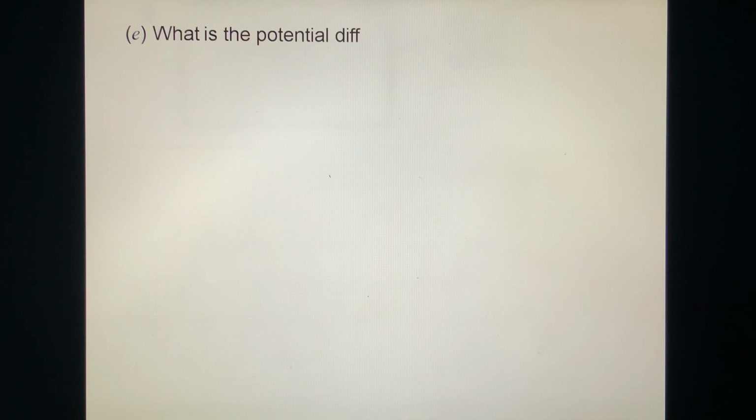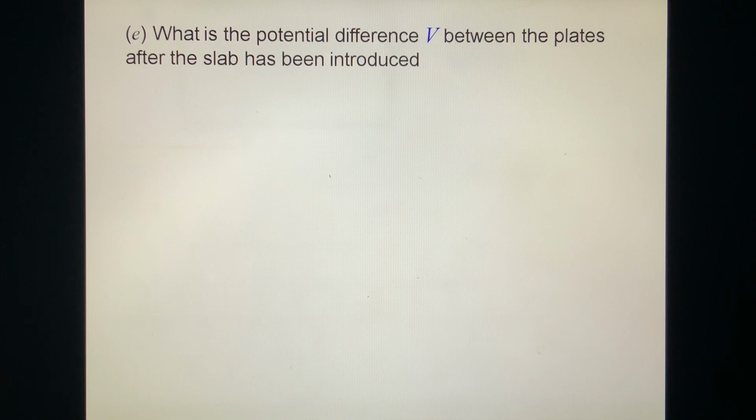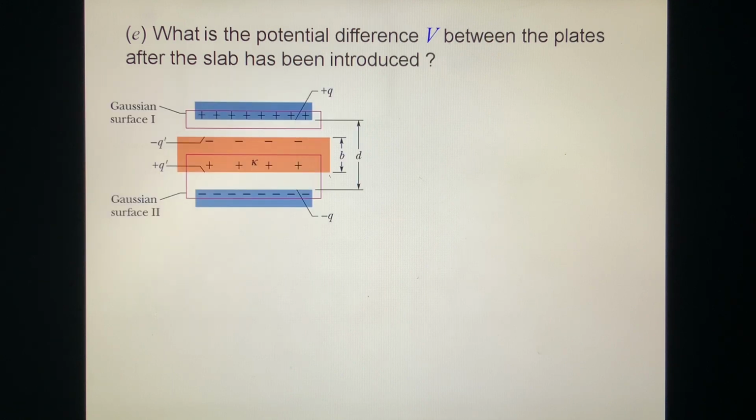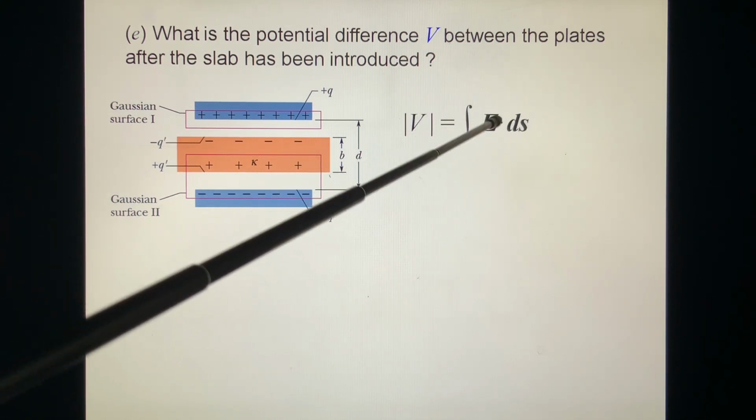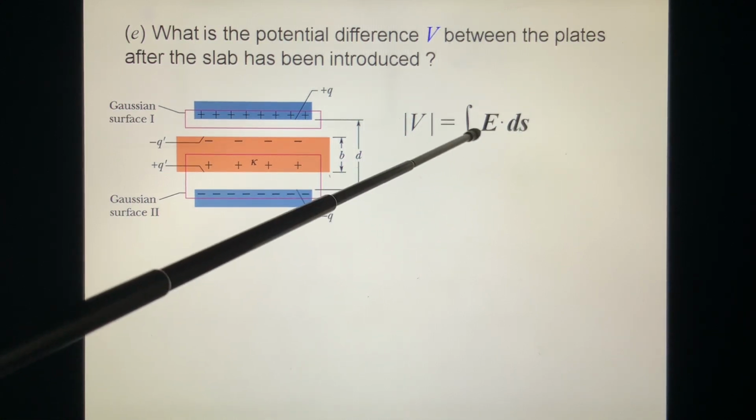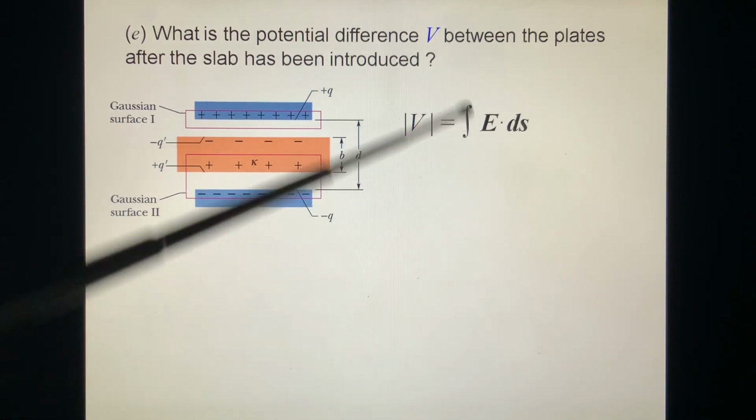Question E. What is the potential difference V between the plates after the slab has been inserted? In the process, what does not change is the charge on the plate. The charge does not change, but the potential difference will change. V equals the integral of E dot ds, by definition from positive to negative.